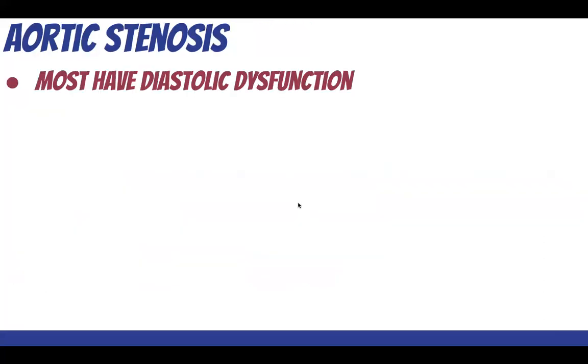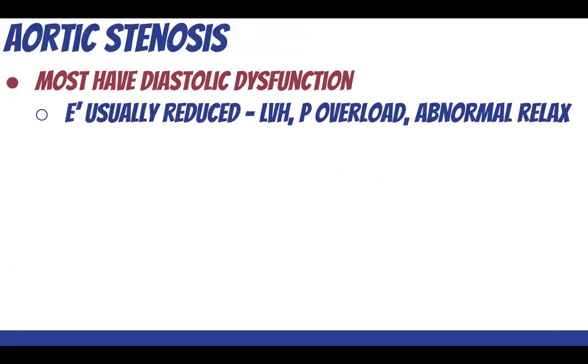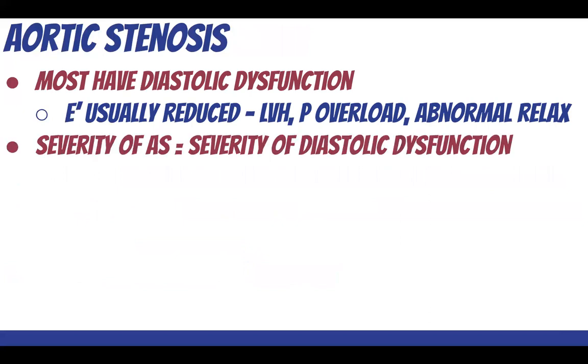In aortic stenosis, most patients will have diastolic dysfunction. Most of them are older, and have coronary disease and LVH and so on. So E prime will usually be reduced because of LVH, increased overload, and abnormal relaxation. The more severe the aortic stenosis, the more severe the diastolic dysfunction.